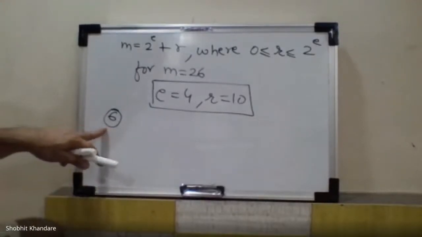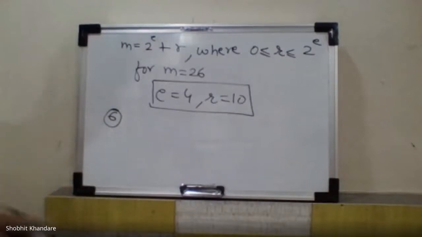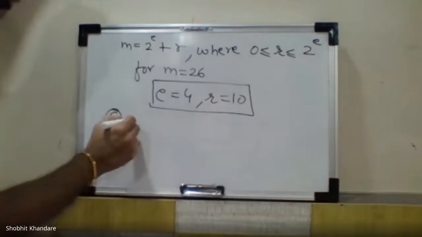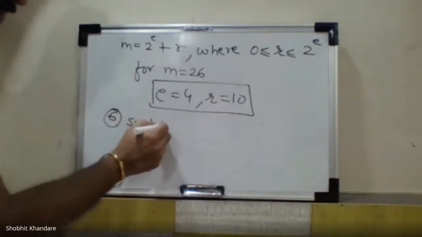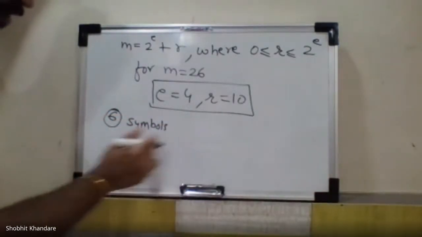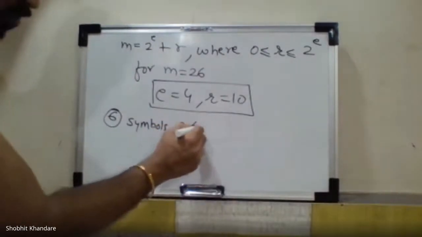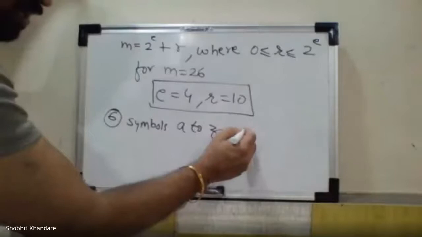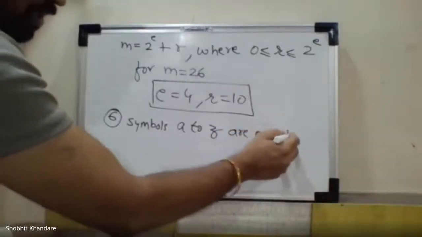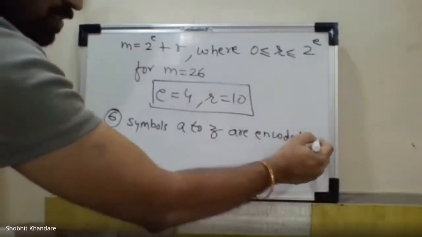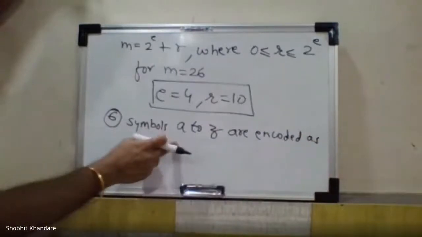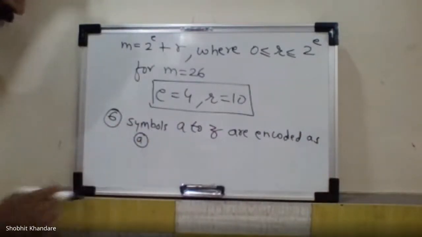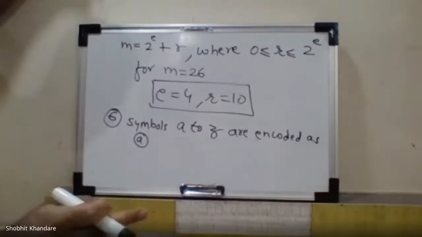Now for point number 6, please write down: symbols A to Z are encoded as. अब इसमें लिखना है स्मॉल a, इसमें मुझे दो पार्ट लिखना है a और b.